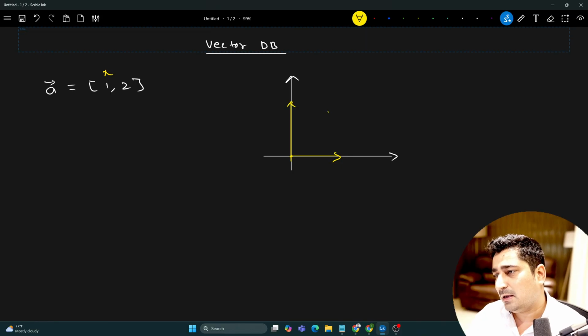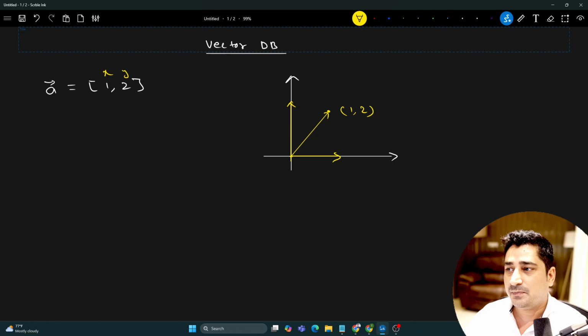So maybe this dot represents this entire entity, where x equals 1 and y equals 2, and this is going to be a vector, let's suppose vector A. An entity which has a direction as well as a dimension is called a vector.